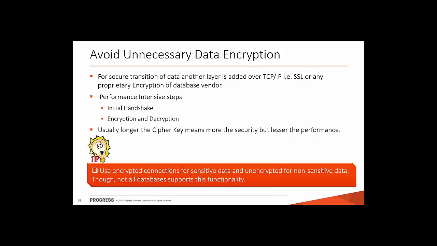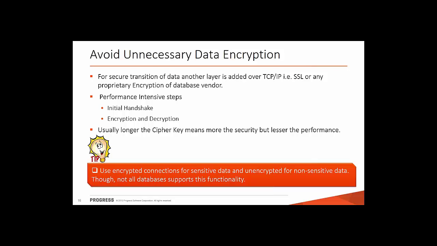So one general performance tip is that we can divide the data we access into two broad categories. One is sensitive data, which you want to encrypt in any case, and the other is non-sensitive data, where you don't care much about security in your application. Then you can use encrypted connections to retrieve, insert, or do operations on your sensitive data, and unencrypted connections for your non-sensitive data.